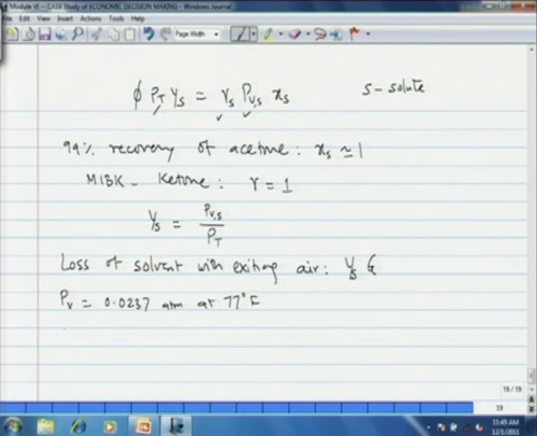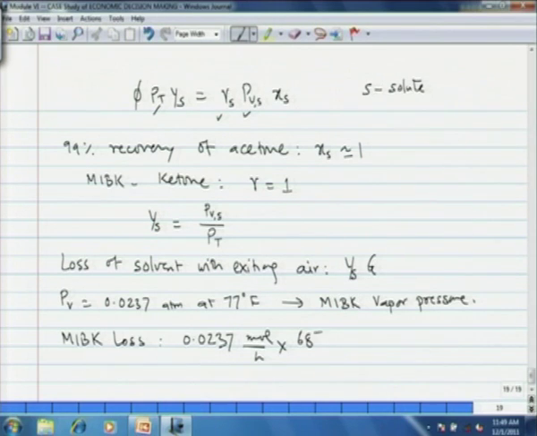So, the MIBK loss will be 0.0237 into 687 mole per hour into 8150 hours per year.